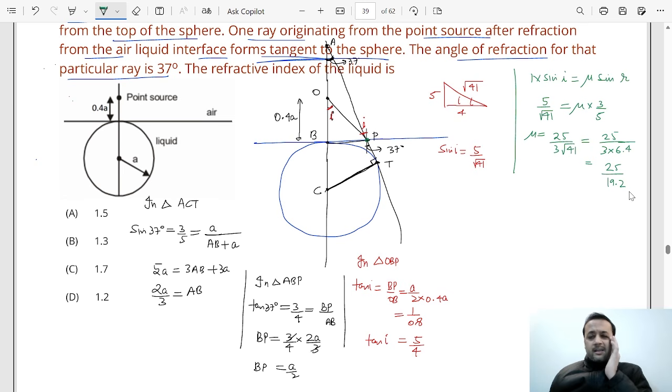So 25 upon 19.2 will be nearly 1.3, because 19 times 1.3 is about 25. So 1.3 will be the correct answer for this question.